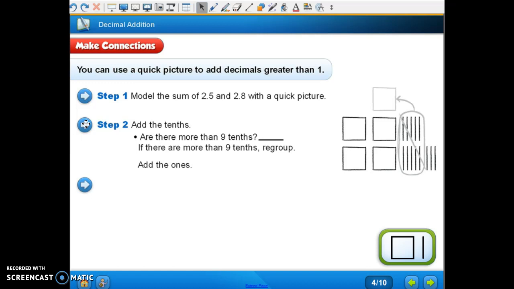So are there more than 9/10? Yes, there are. If there are more than 9/10, regroup, which they showed you how to do. Circle them, cross it out. So you've traded those away for one whole. Then it says to add the ones.